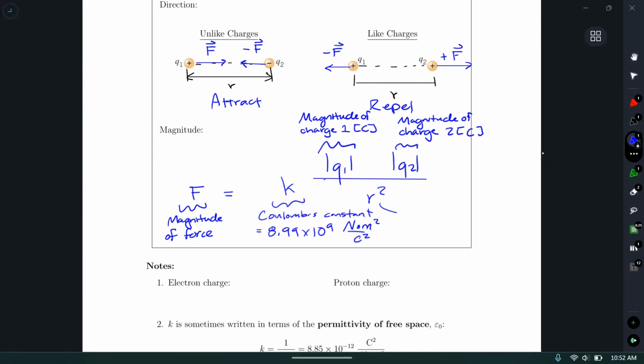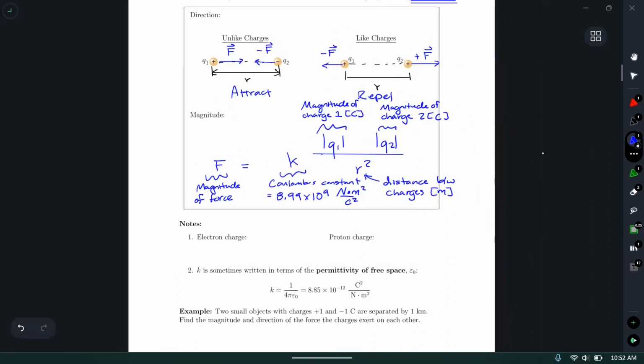And R is the distance between charges measured in meters. But you do square it. Okay, so that is Coulomb's law. The force is equal to K, magnitude of Q1 times magnitude of Q2 over the distance between the two charges squared.